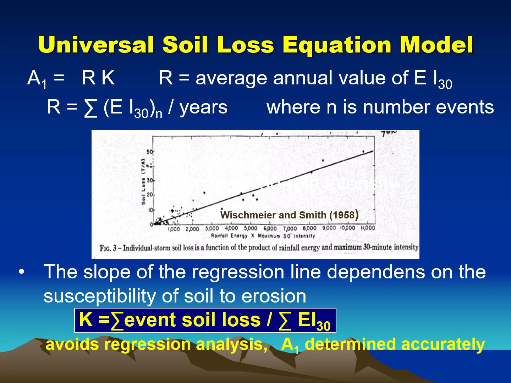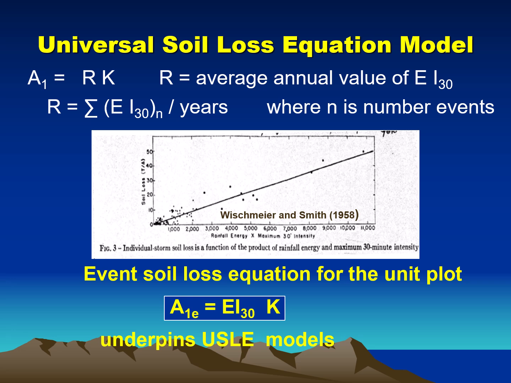However, in the USLE, K is given by the total soil loss divided by the total EI30 over the period of time, and this avoids using regression analysis and also enables the unit plot data to be predicted accurately. Consequently, the USLE equation for event soil loss on a unit plot underpins the USLE models.